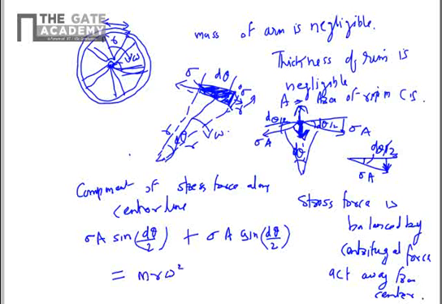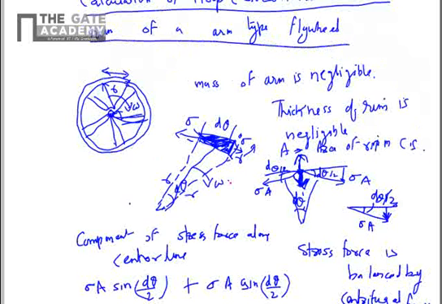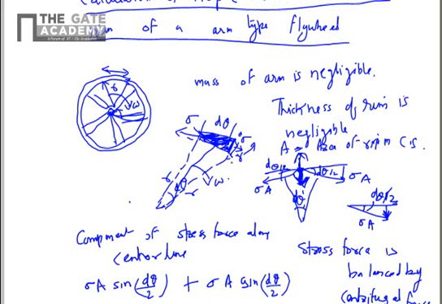Centrifugal force is m r omega square, where m is the mass of the rim element that we have considered. For that we need the volume of the rim element. The volume will be the cross-sectional area A multiplied by the length of the element L, and L will be equal to r d theta.